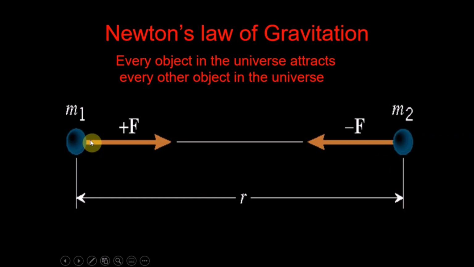If we were to calculate the distance between these objects and were given the surface separation from the surface of, say, this object to this object, we would then have to add on the radius of these objects. Always check every question that you do. Is the separation from the surface to the surface? Do you have to add on the radius of the objects? Or are you looking at r being a separation of centers of mass?